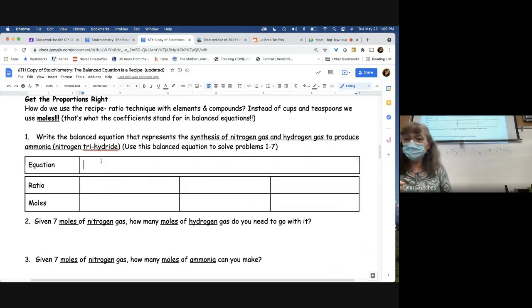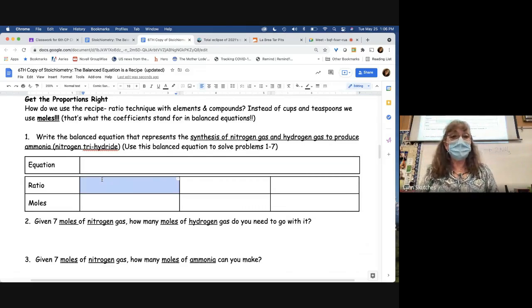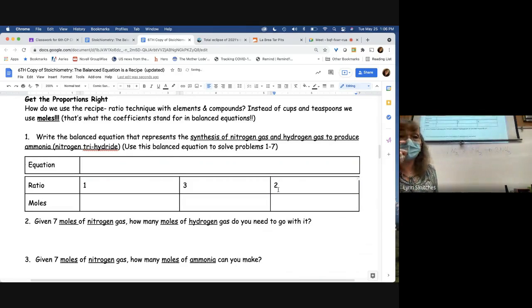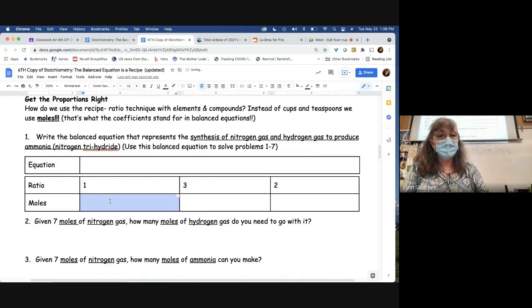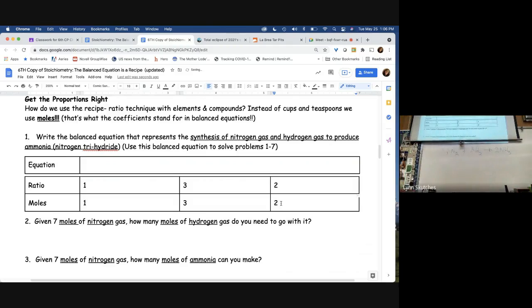Those are our proportions. The ratios, 1 of these goes with 3 of these to make 2 of these, right? The only place where 1 plus 3 makes 2. That's the same as moles. 1 mole of nitrogen goes with 3 moles of hydrogen to make 2 moles of ammonia.